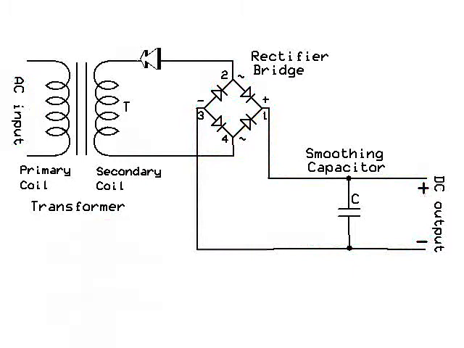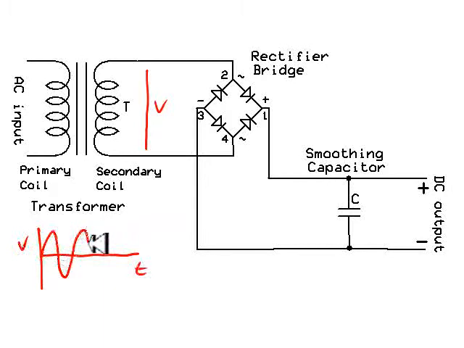So let's look at what our voltage graphs look like at two different places in our circuit. Here at the output of our transformer, the graph of voltage as a function of time is going to look like this. AC. But here, the output of our rectifier bridge, the voltage graph is going to look like this.